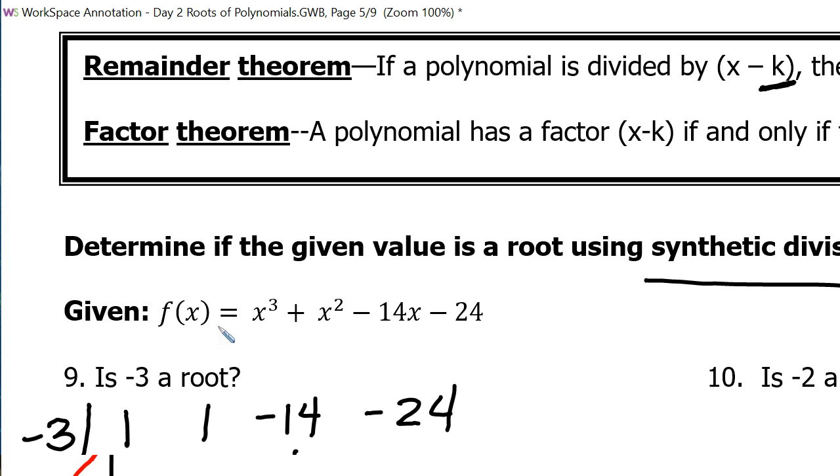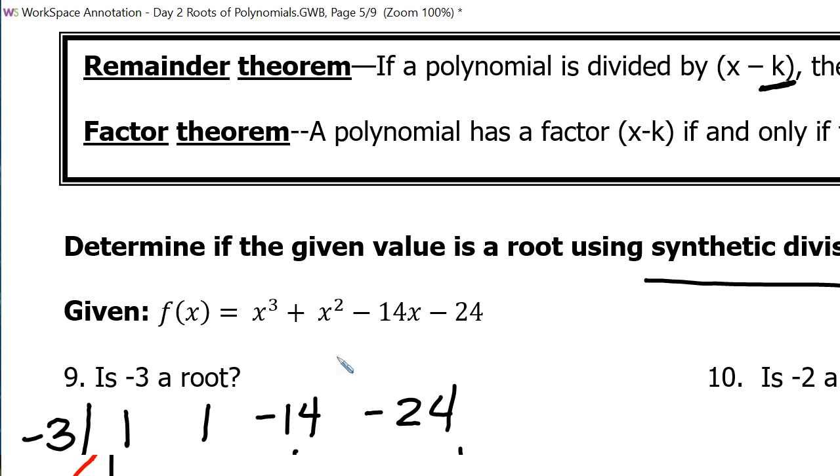That answer goes in the next spot. Now combine these with negative 14 plus 6, negative 8. Outside numbers get multiplied, so it's negative 3 times negative 8, positive 24. And when you combine the last column, you get 0.